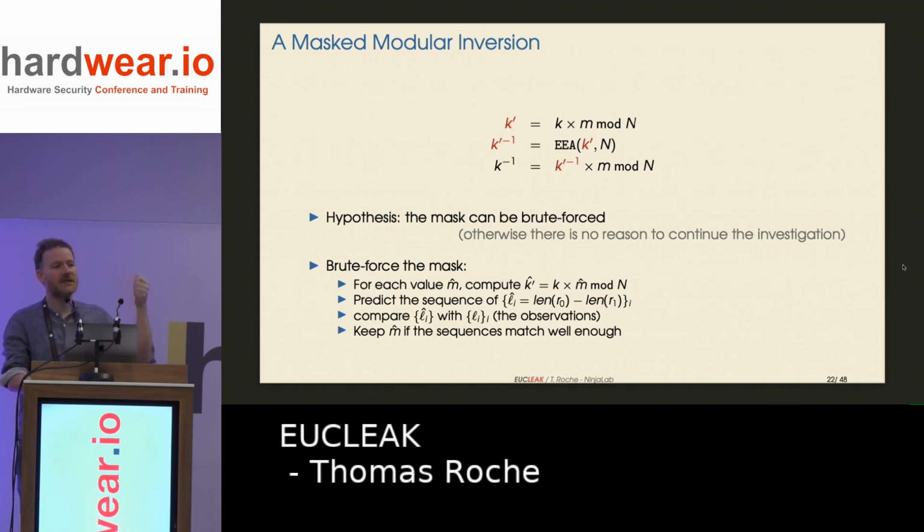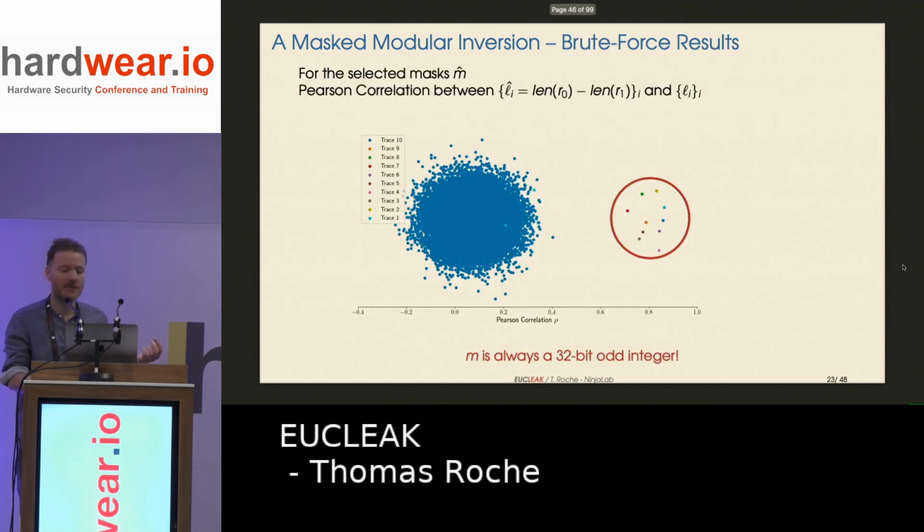And for each of these masks, we simulated the EEA, we simulated the leakage, and tried to match what we observe. And it ended up using the Pearson correlation to distinguish good masks from bad ones. And at the end, for each of the first 10 traces, we had a single mask that popped up, and all the other ones had very low correlation.